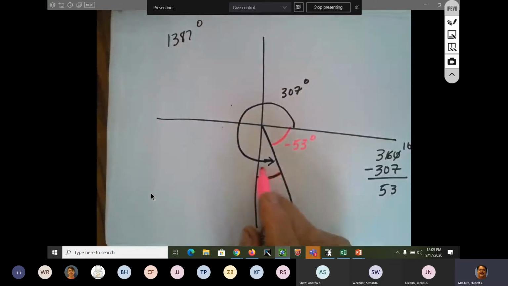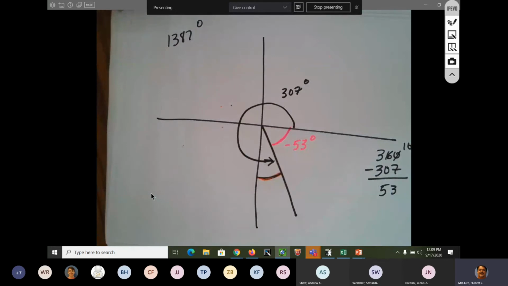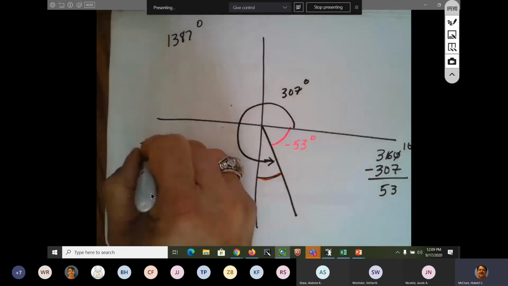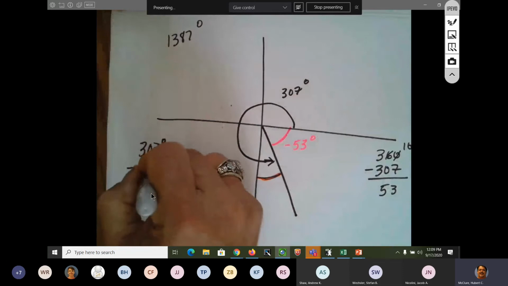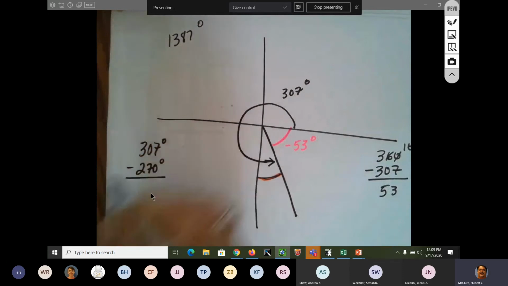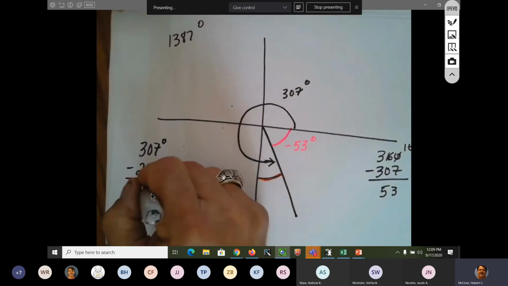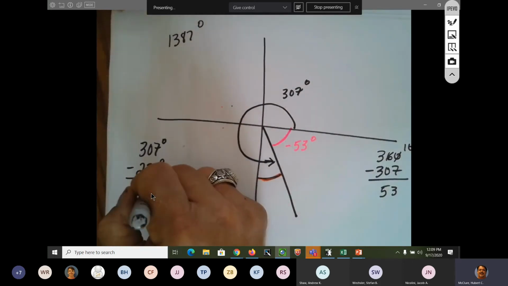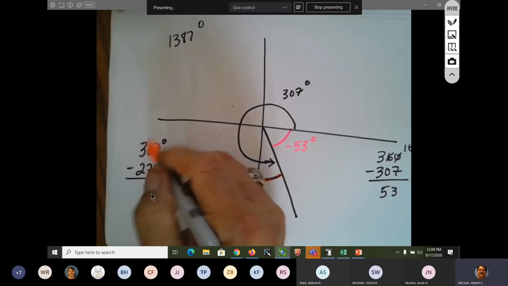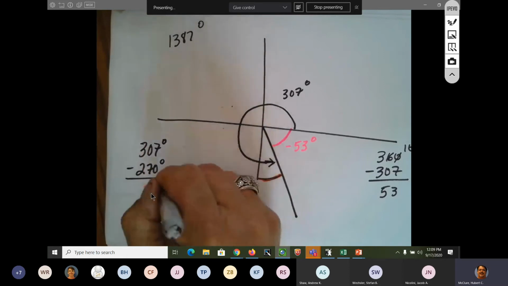If you wanted to see how far it was past 270, then you would take 307 minus 270, and that would give you 37 degrees, I think. Yeah.